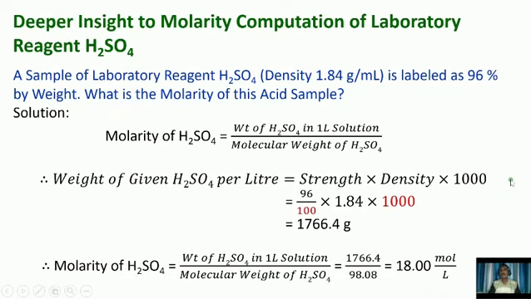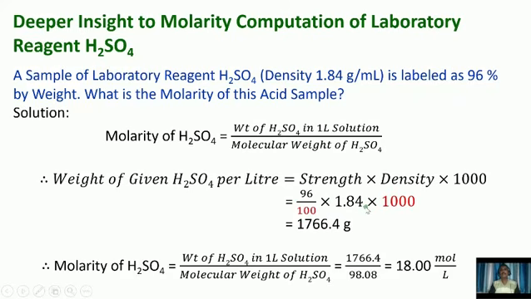Okay, so this 1000 is for 1 liter because it is 1 liter converted into ml, that is 1000 ml. Now the strength is, we have seen that it is 96% pure H2SO4 we have considered here. That's why 96 divided by 100 I have taken here.